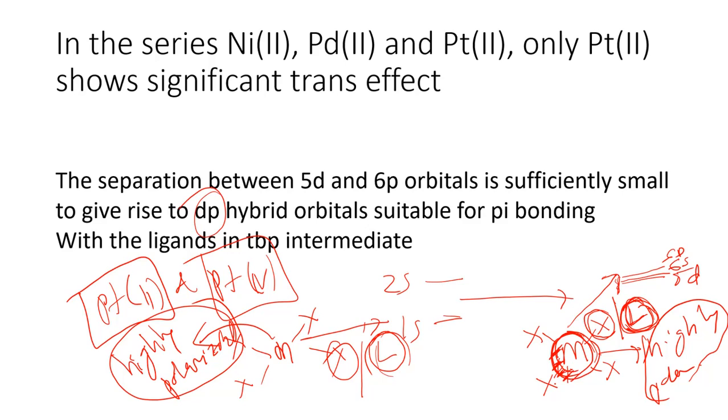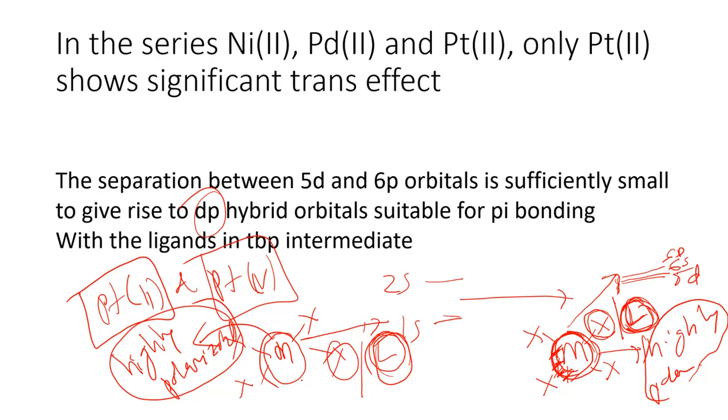But what is important is that when L is strongly polarizing, M should be highly polarizable in nature. If M is not highly polarizable, it would definitely not show a strong trans effect. Between platinum 2 and platinum 4, platinum 2 is highly polarizable. Why?